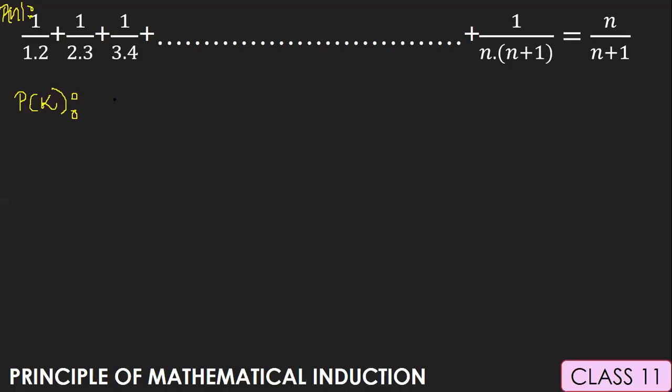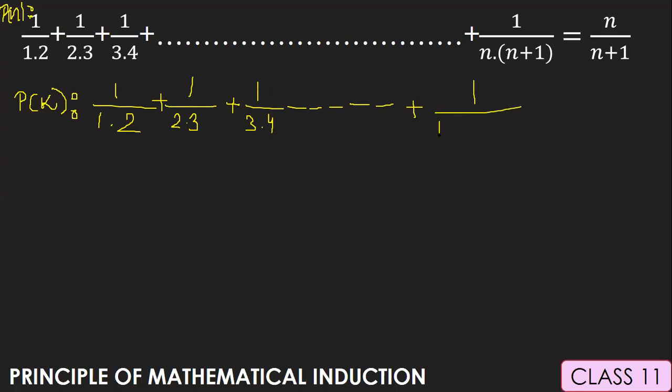So your Pk would be 1 upon 1 into 2 plus 1 upon 2 into 3 plus 1 upon 3 into 4 and so on till 1 upon k into k plus 1, right?